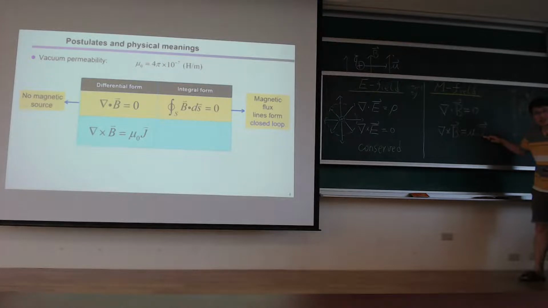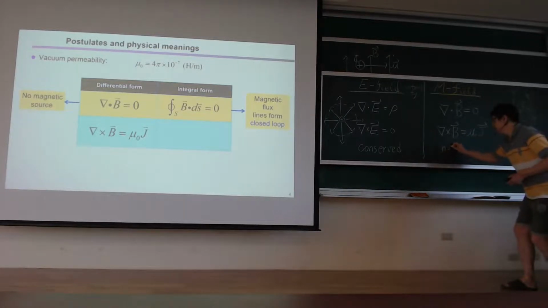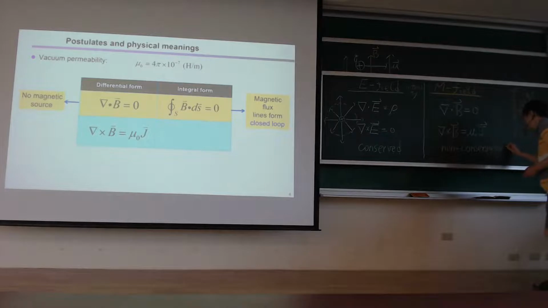The second postulate also contains a lot of information. By direct comparison, dramatically different, you should be able to answer without any doubt. Well, since curl of a vector is now non-zero, this field must be non-conservative. And what do we call a non-conservative vector field? Go back and check. I actually covered this in vector analysis.